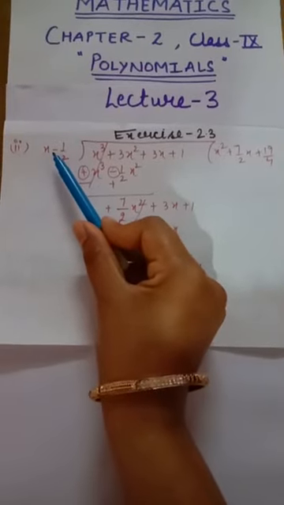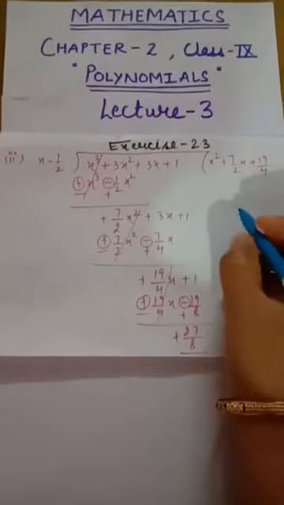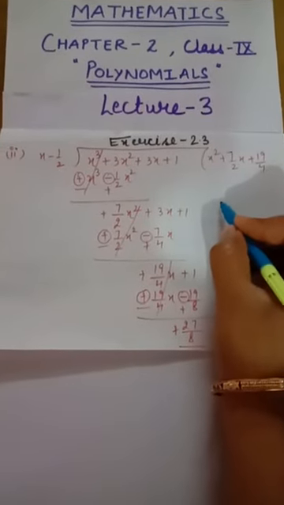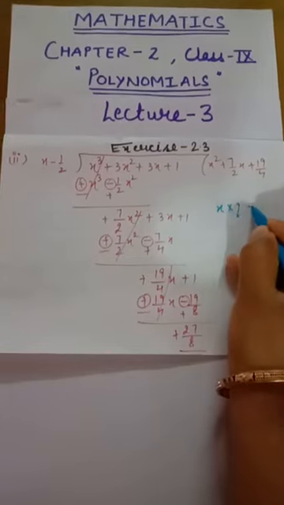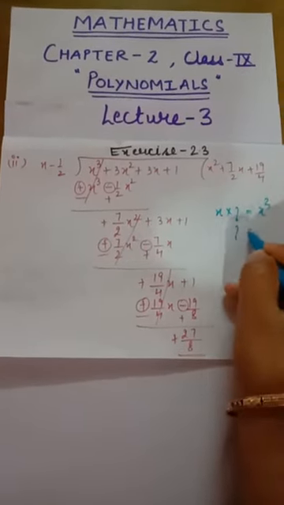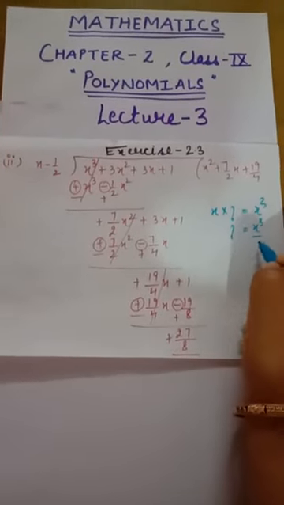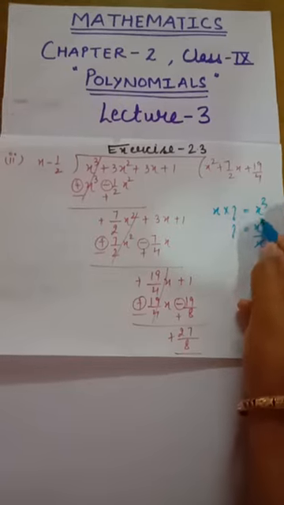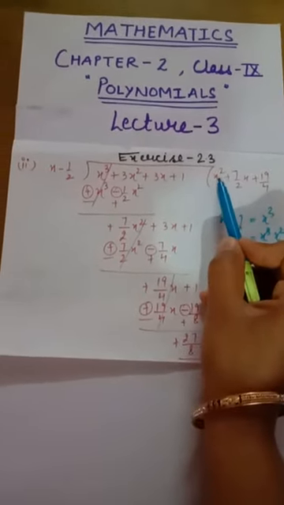By what number should we multiply this x to get x cube? We will follow the same method as yesterday: by what number should we multiply this x to get x cube, and we shift this x to the other side, where it will be in division, and then it becomes x square. So we should multiply it with x square.